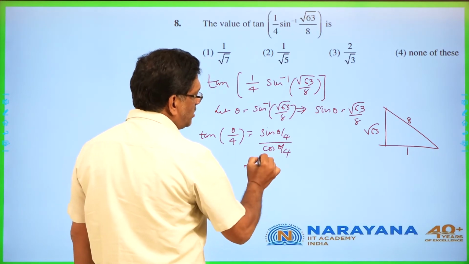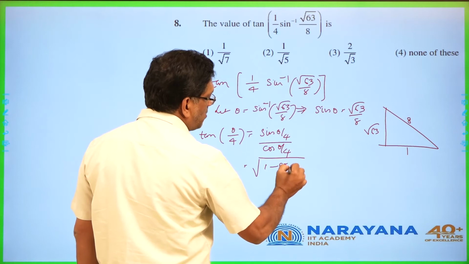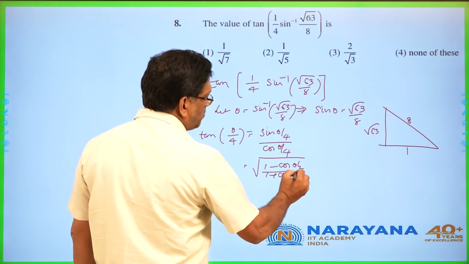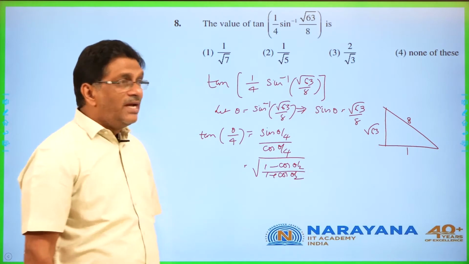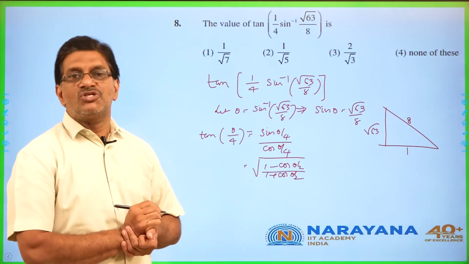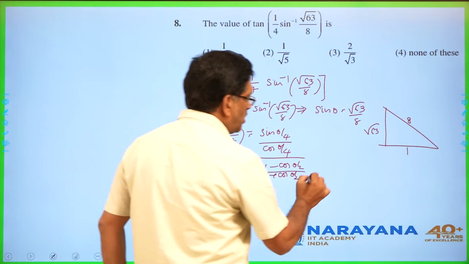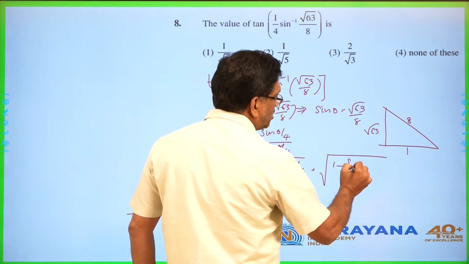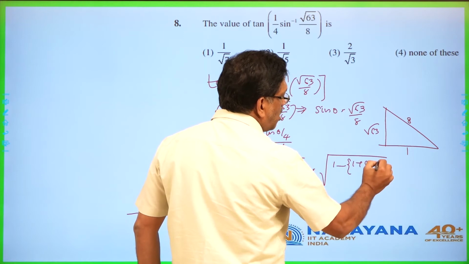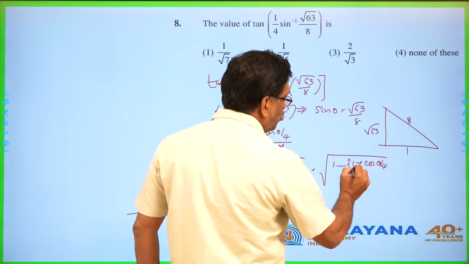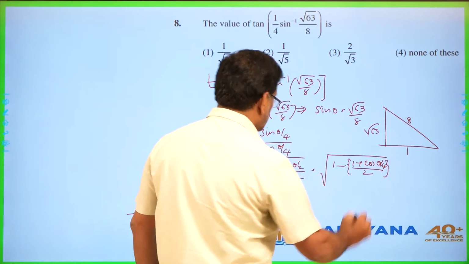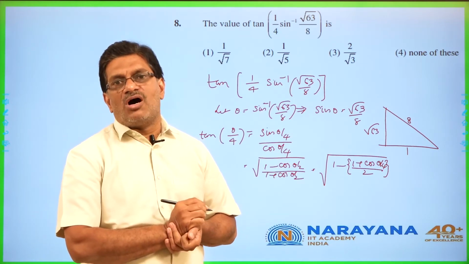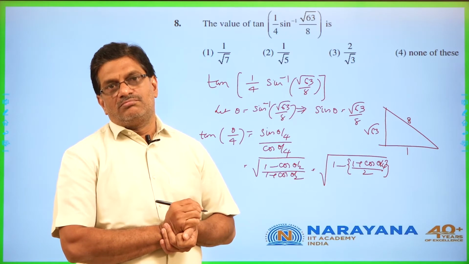Sin you can write as root of 1 minus cos theta by 2 by 2, and in the denominator root of 1 plus cos theta by 2 by 2, because cos 2 theta is 1 plus cos 2 theta by 2.